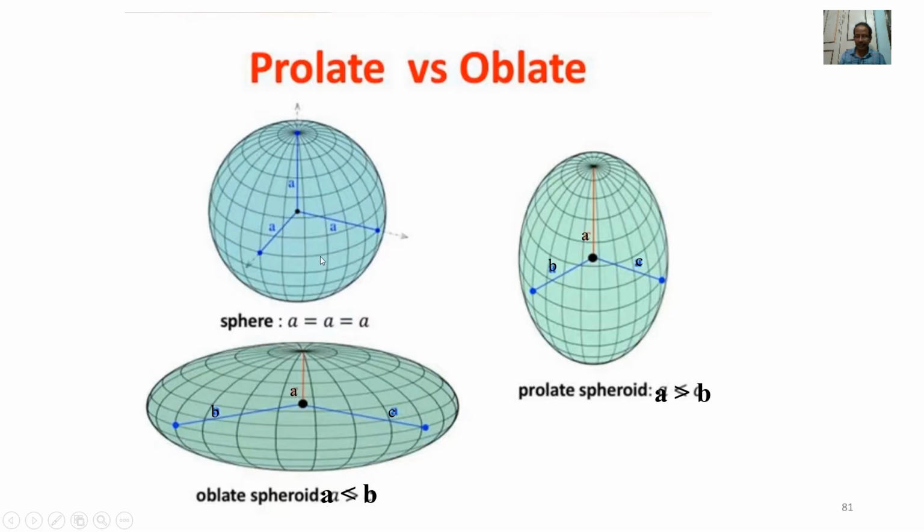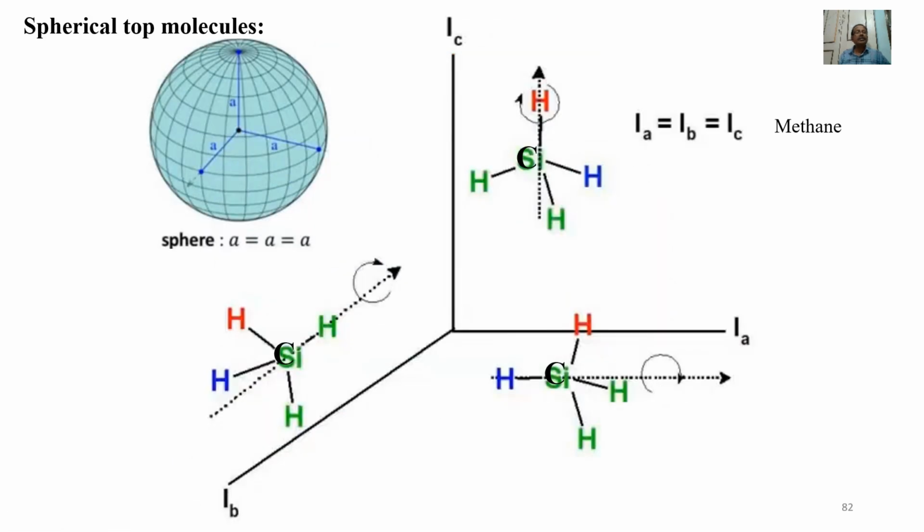So spherical top molecules, as I said, have I_A equal to I_B equal to I_C. An example for spherical top molecules is methane, CH4. The three mutually perpendicular moments of inertia are the same.